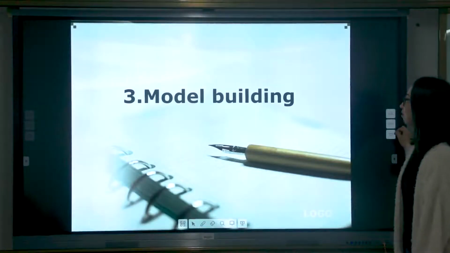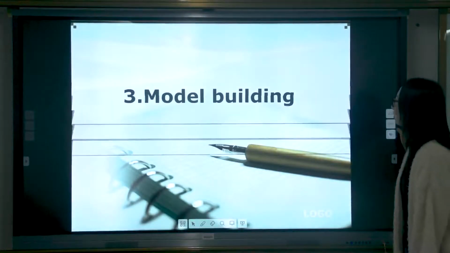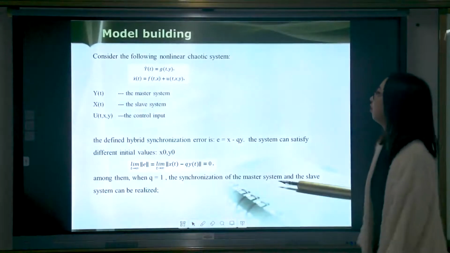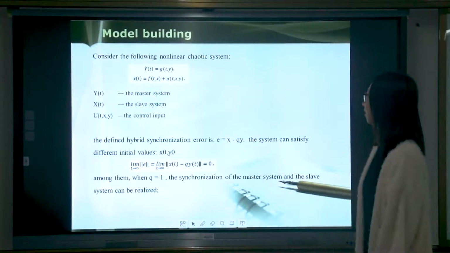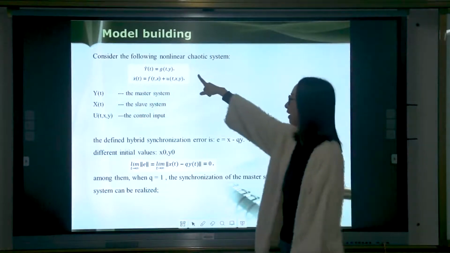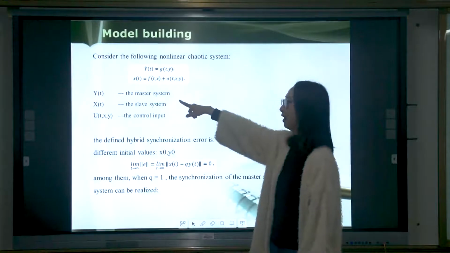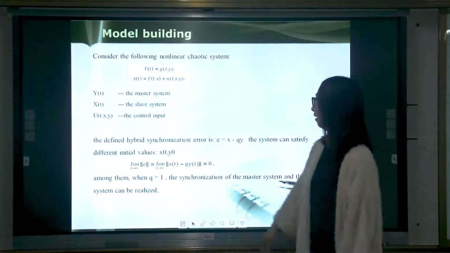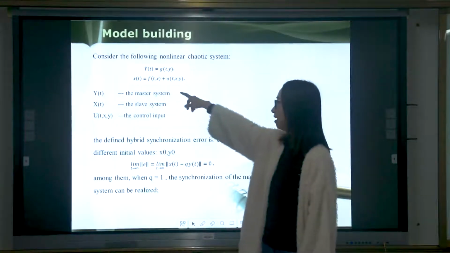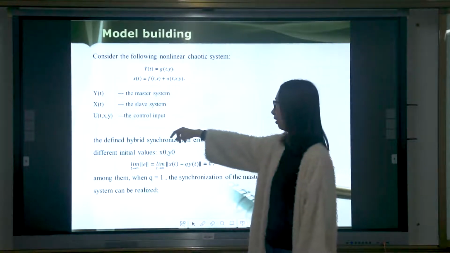And now let's see the model building. Consider the following nonlinear chaotic system. The first one is the master system, and this one is the slave system, and U(t, x, y) is the control input.